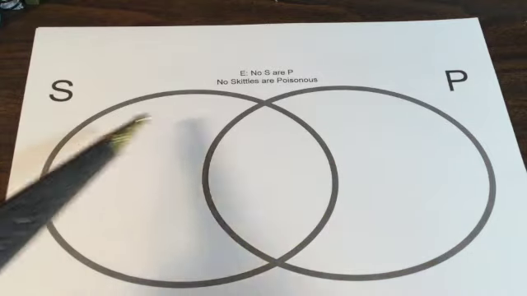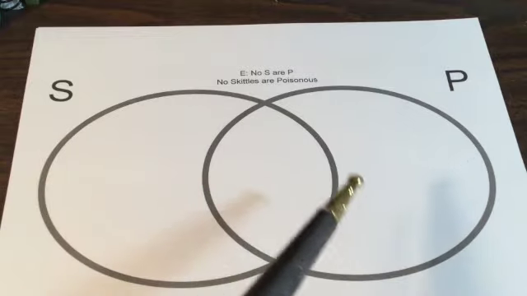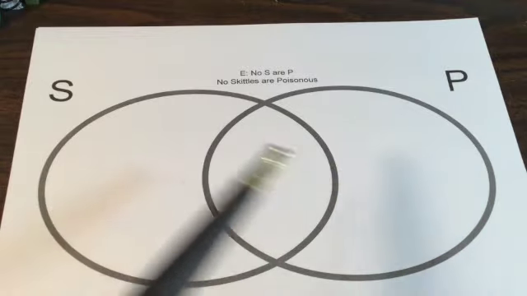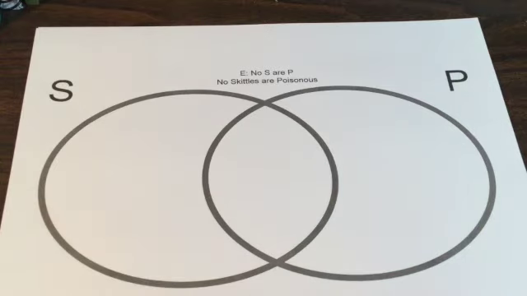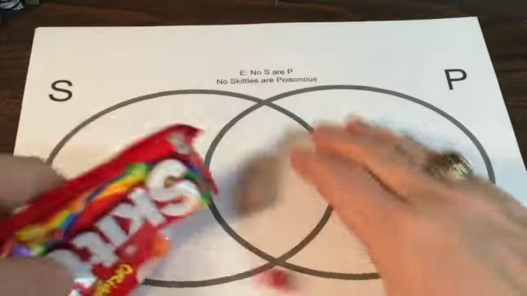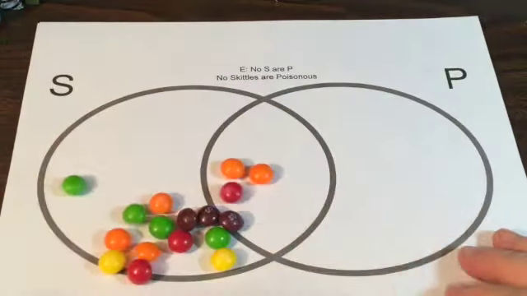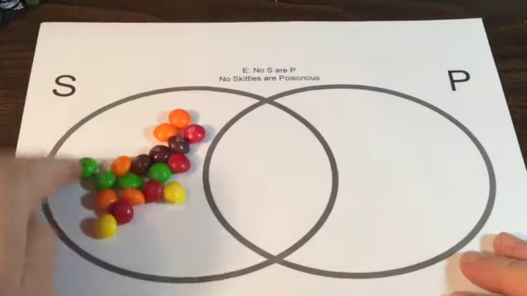Are there Skittles in the world? Yes. But there are none that overlap. There is no relation. The relationship between the two is negative. So if I pour out some of my trusty Skittles, I'm going to put all the Skittles over here.